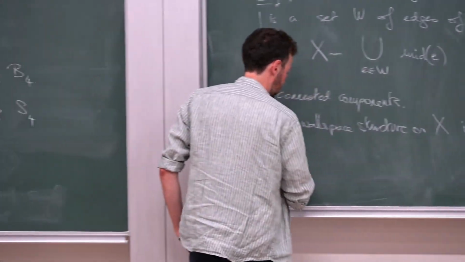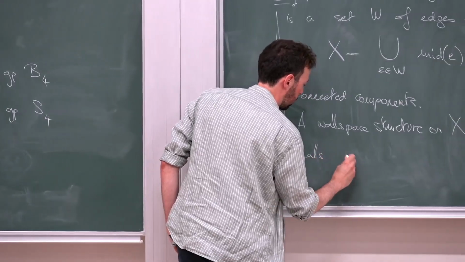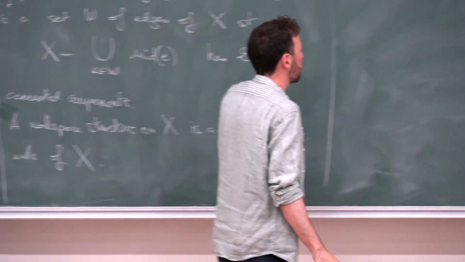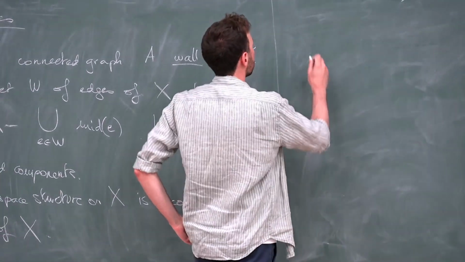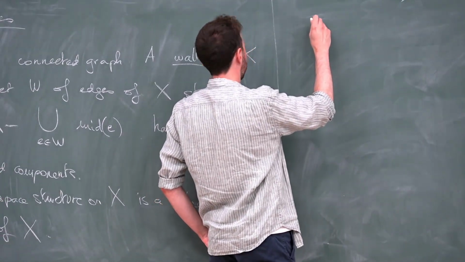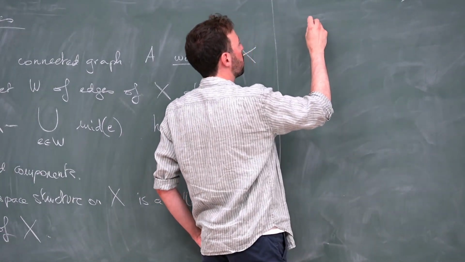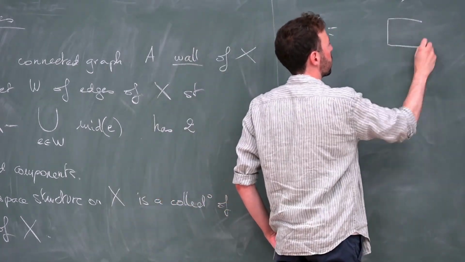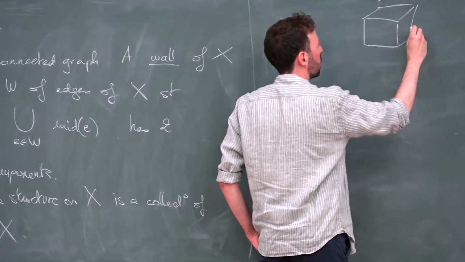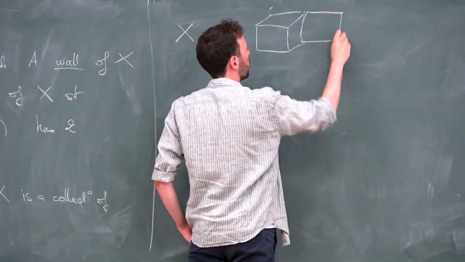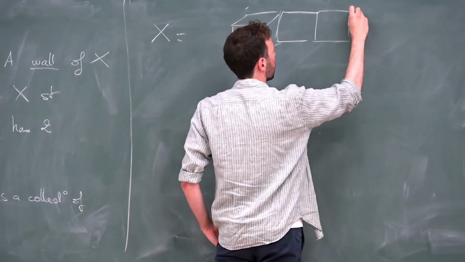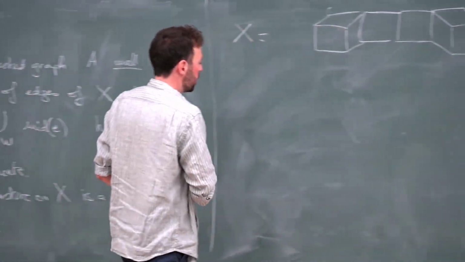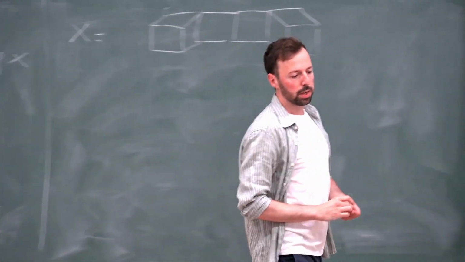So maybe let's give some concrete examples. What is the prime example of this? If you have your favorite CAT(0) cube complex, let's say a cube like this, then there's the notion of a hyperplane of that cube.